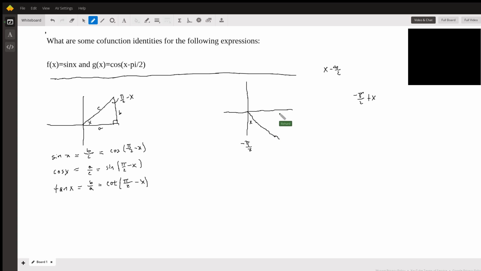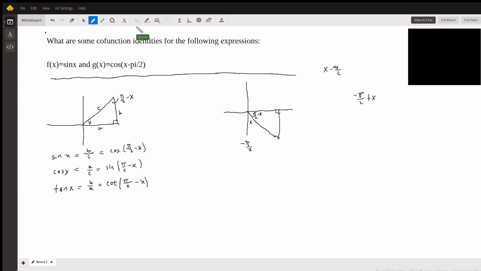And going back to my right triangle, that's x. This is going to be pi over 2 minus x. I'm sorry, I have the sign wrong there, S-I-G-N.